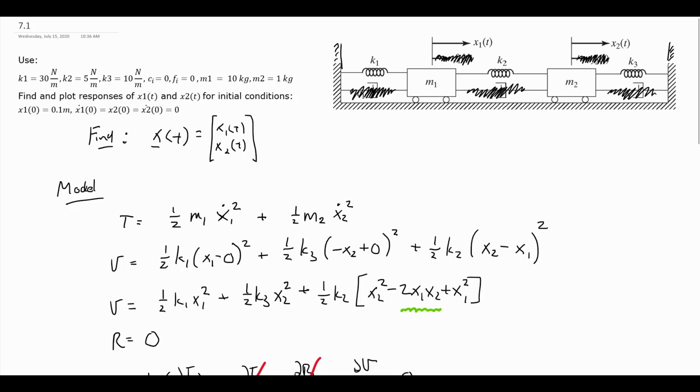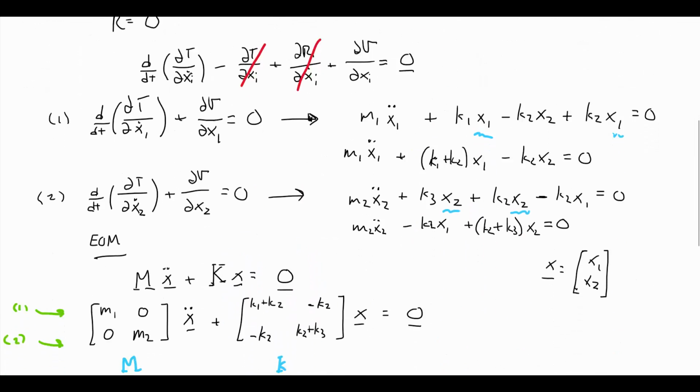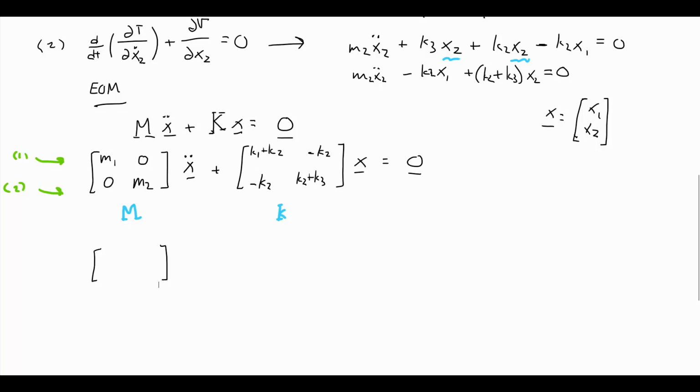So we were told that M1 is 10, M2 is 1, kilograms is the base unit. K1 is 30 newtons per meter, and 5 and 10 newtons per meter for K2 and K3, again in base units. So just plugging in the given values here, we get that the M matrix can be written as 10, 0, 0, 1.